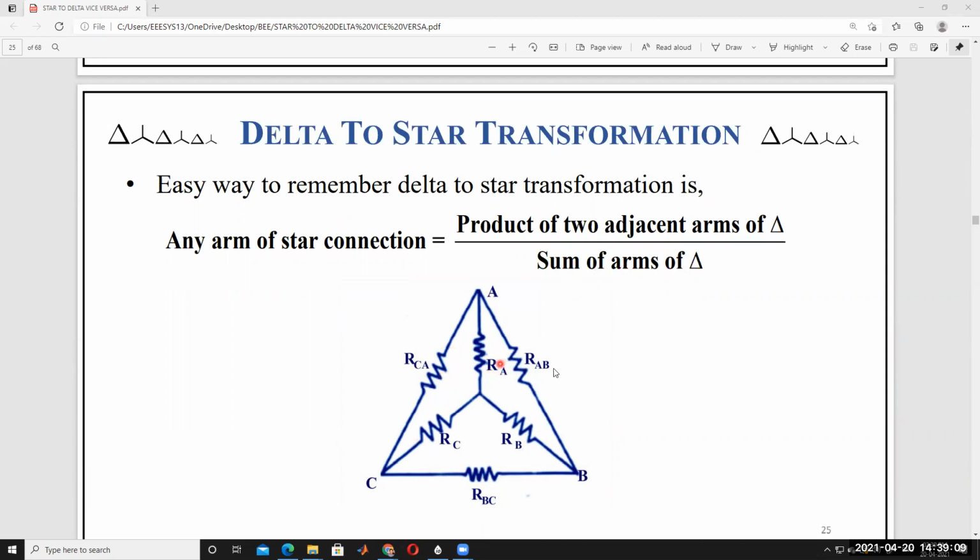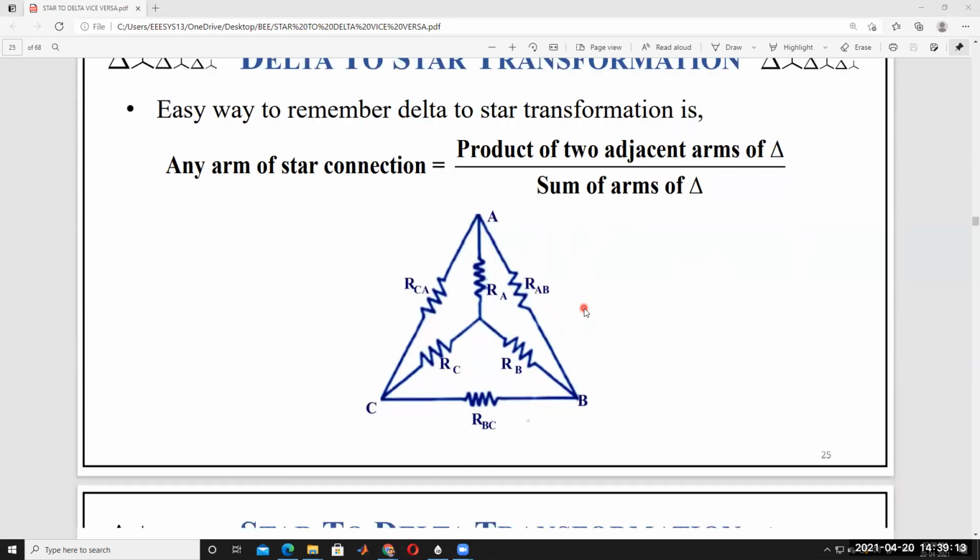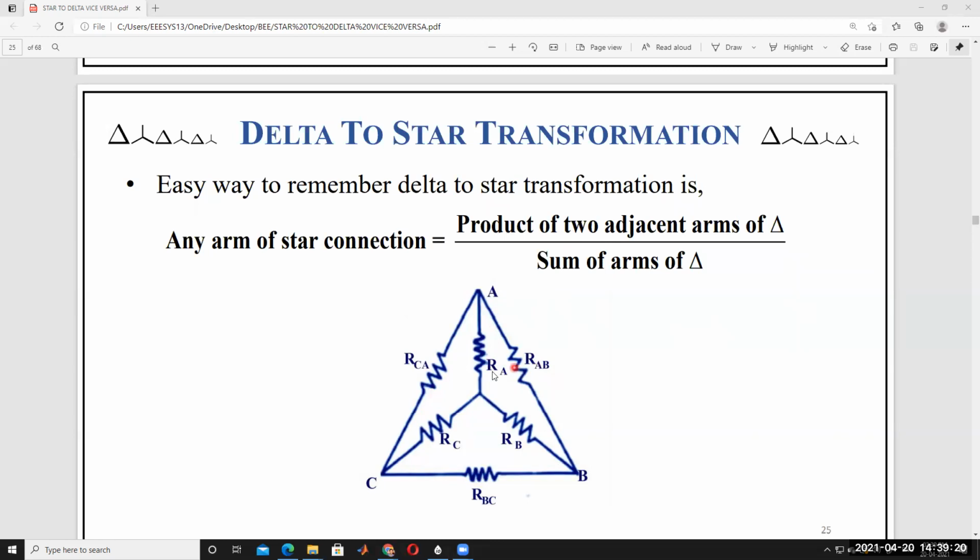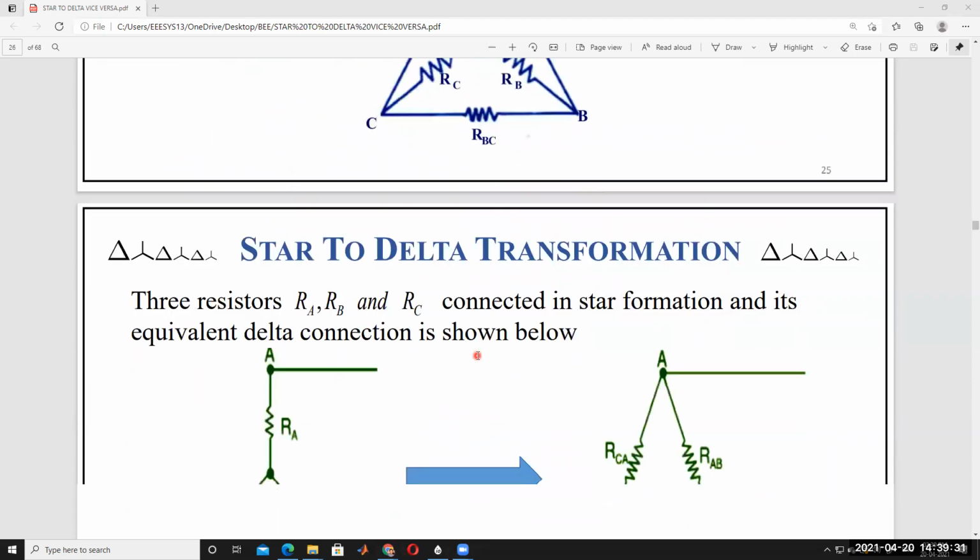Understood? RA is equal to RAB, RCA divided by RAB plus RBC plus RCA. It's clear? This is the simple way to remember this conversion of delta to star. Any arm of the star connection is the product of two adjacent arms in delta divided by the sum of arms of the delta connection system. This is called delta to star transformation.